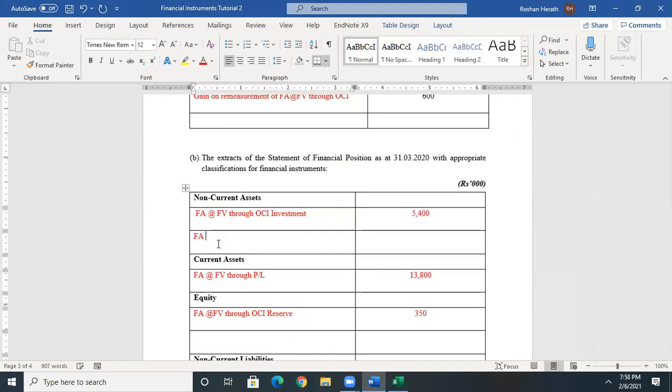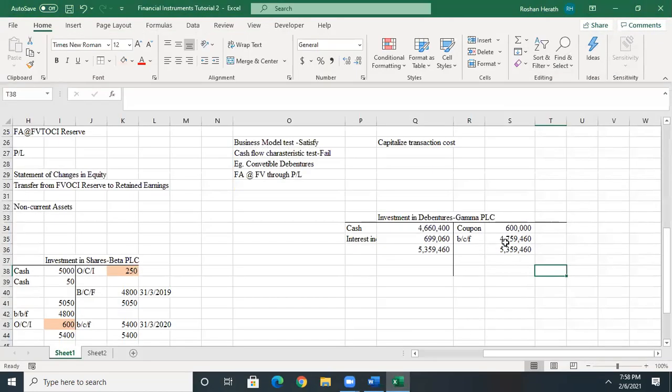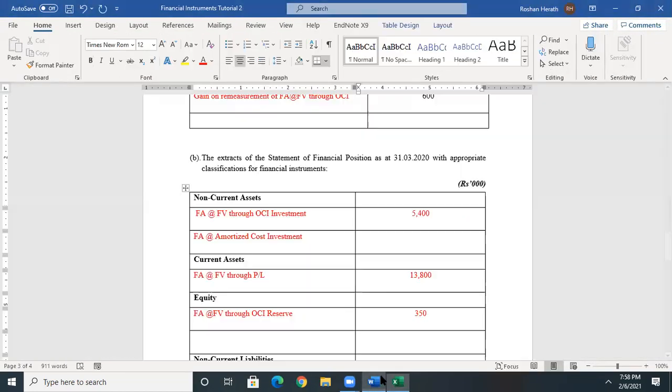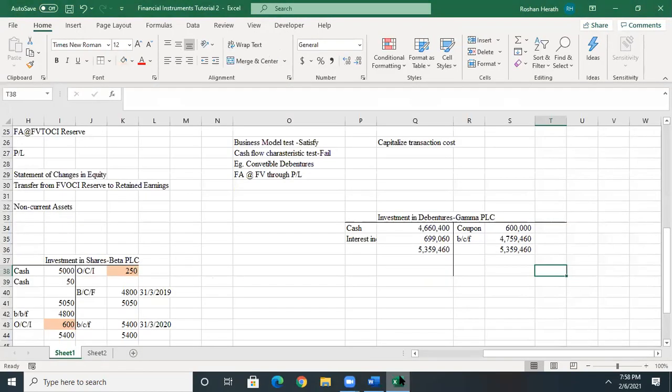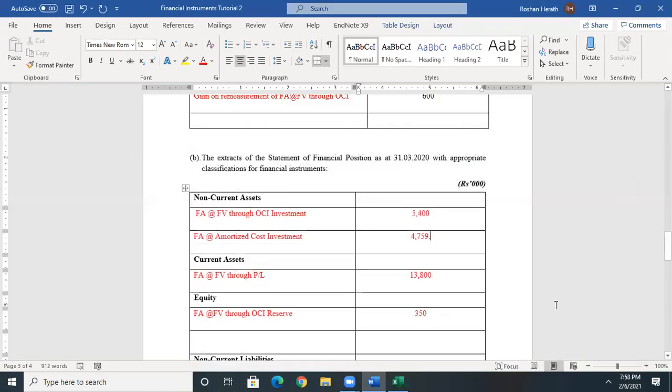It's a financial asset at amortized cost. Cost is investment. Value came as 4,759.46. Right. Okay, we got it.